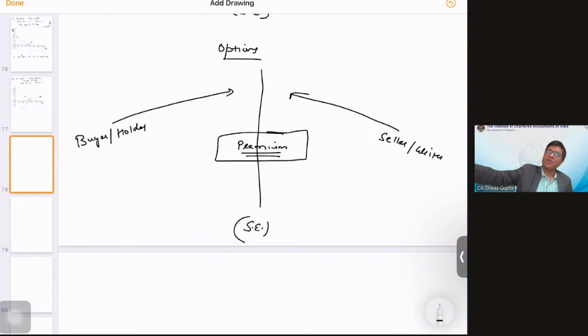It is derived using the formulas that we will see. But premium plays a very big role in the justification of the buyer or seller positions for the options.